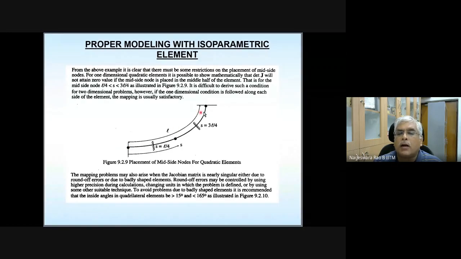These two nodes can be the corner nodes. So this node should not be too close, and it has to maintain a distance of at least quarter of the length of that particular edge from each of these two nodes. Okay, so that is one important thing.